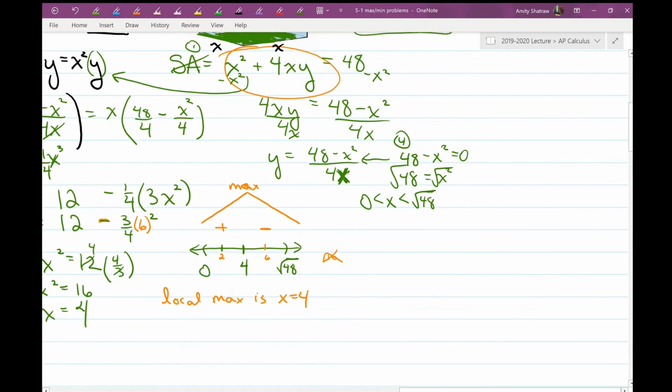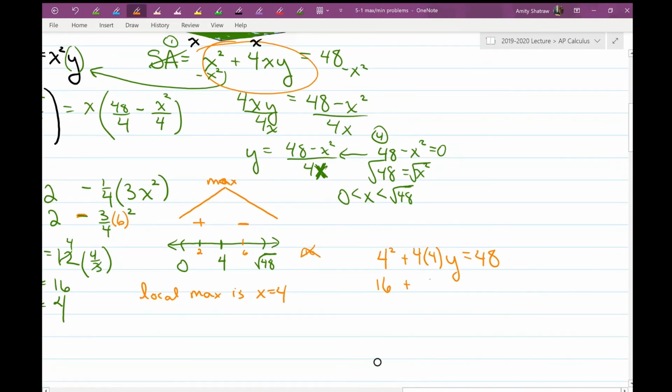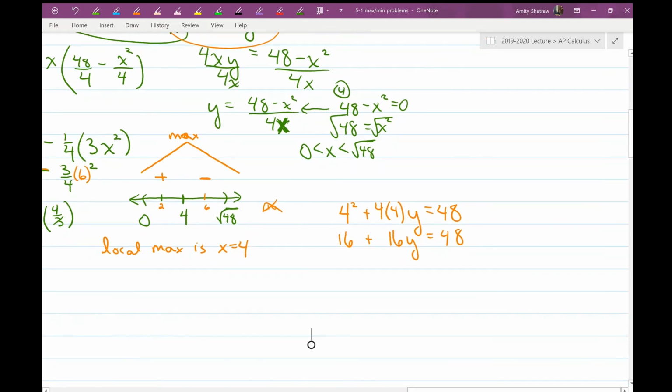So I'm going to say I have 4 squared plus 4 times 4 times y, and that equals 48. And this is a pretty easy equation to deal with. So I'm going to finish it up. Minus 16, minus 16.